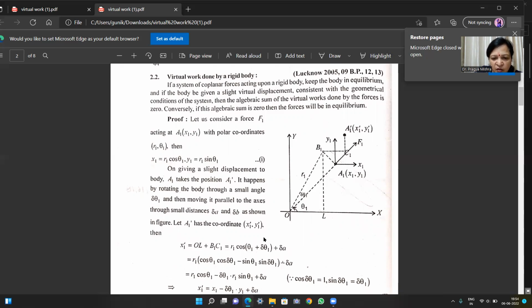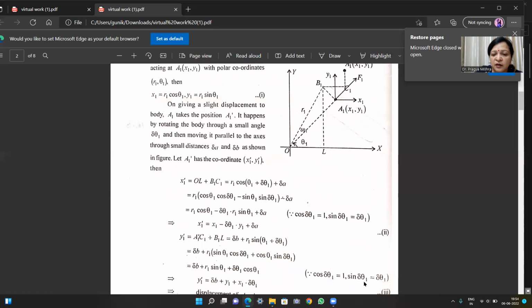Now expanding this and neglecting the small terms, since the value of delta θ1 is very small, so we can assume it as tending to 0. So in that case, cos delta θ1 will be 1 and sin delta θ1 will be delta θ1.